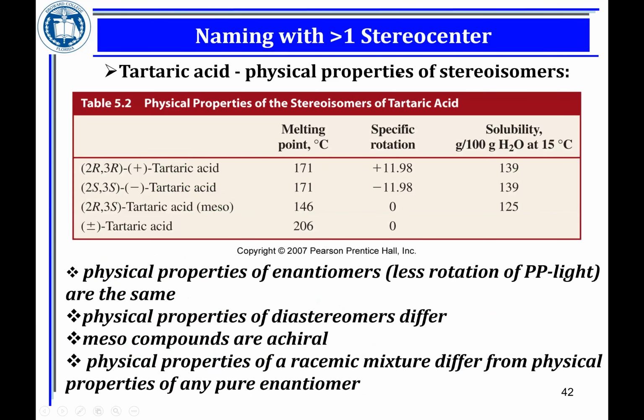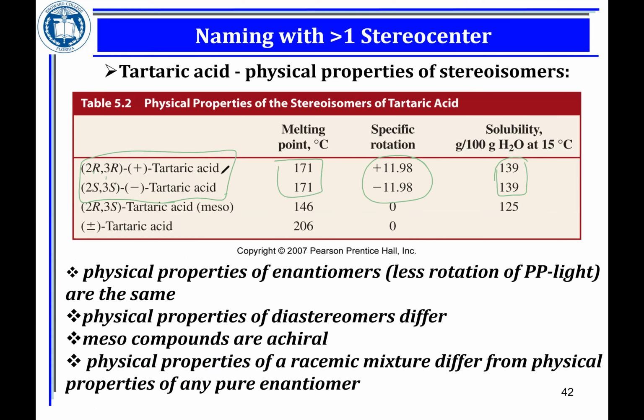Just as emphasis, if you have opposite configuration, a pair of enantiomers, the specific rotation would be opposite. Everything else is the same. The solubility for these compounds is the same. Melting point is the same.